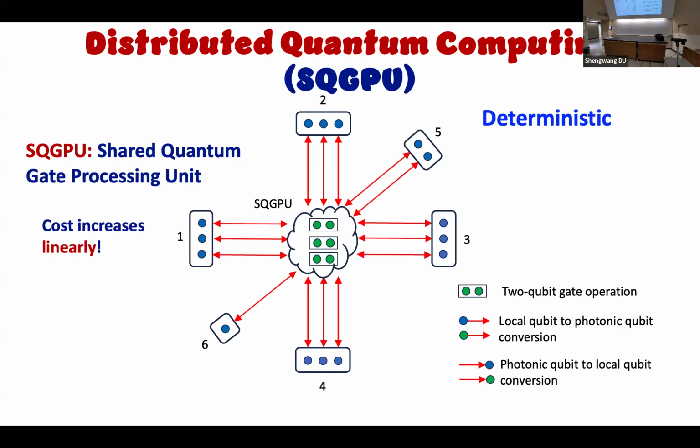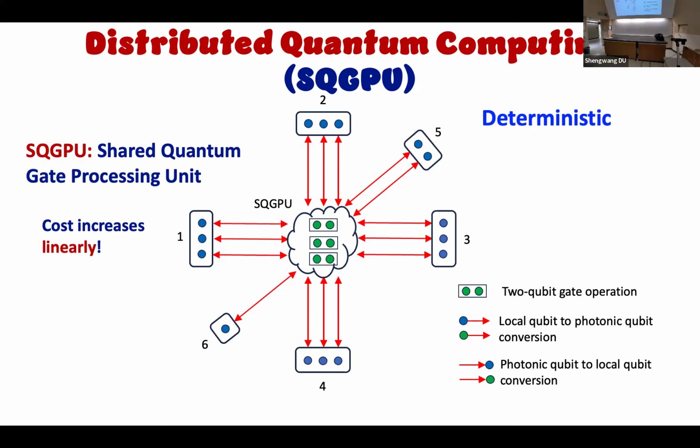And another way you will say, okay, looks like the total number of qubits is the same as previous, but you will remember here in this cloud, each 2 qubit is separate. There's no need of interaction between this gate and this gate. So that means in here, the cost is linear, depending on the number of the gates you have. As a practice, I know if you have a local quantum computer, you want to have a full connection.